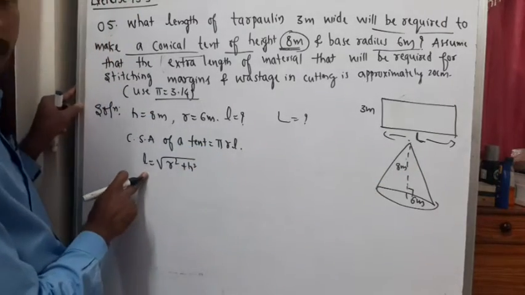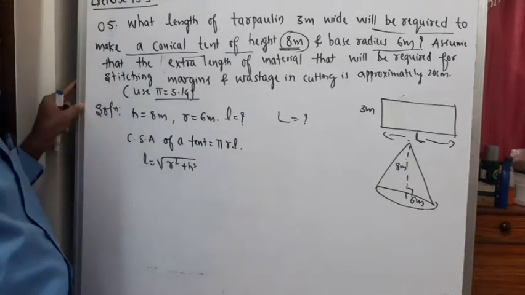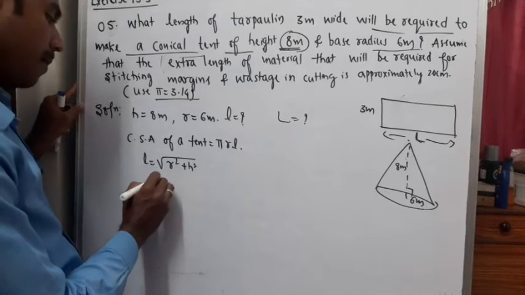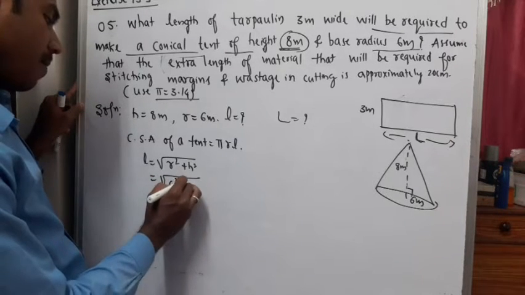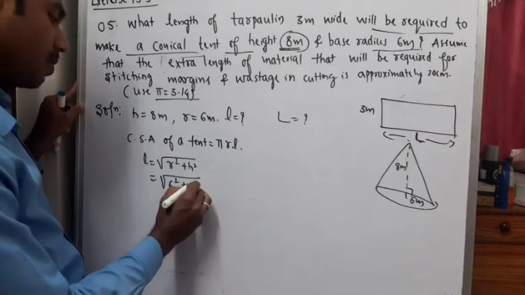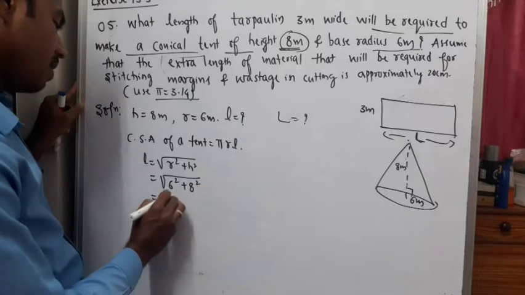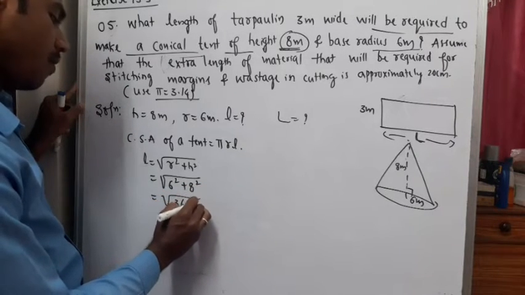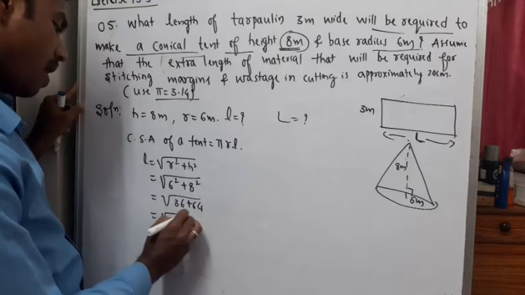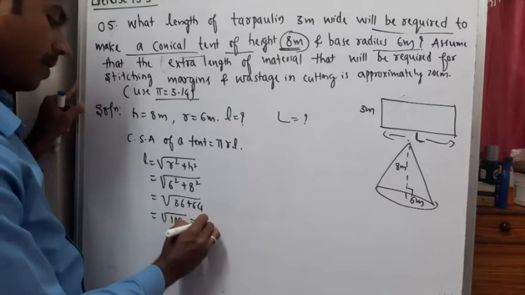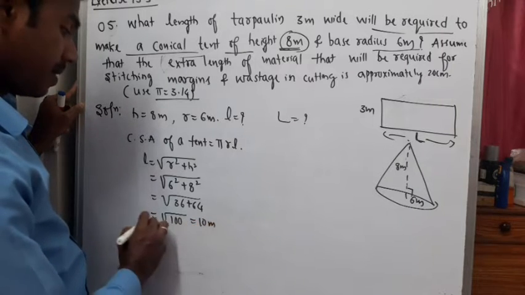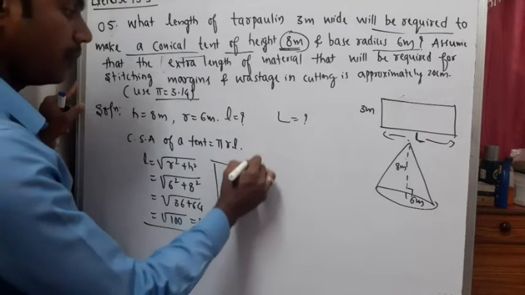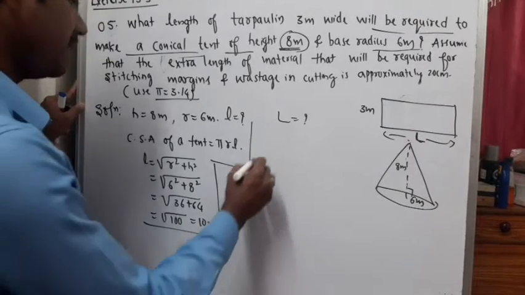That is the reason hypotenuse is equal to square root of r square plus h square. Now what is r square? r square is 6 square plus h square, that is 8 square. So 36 plus 64, you are going to get 100, which is equal to 10 meter.